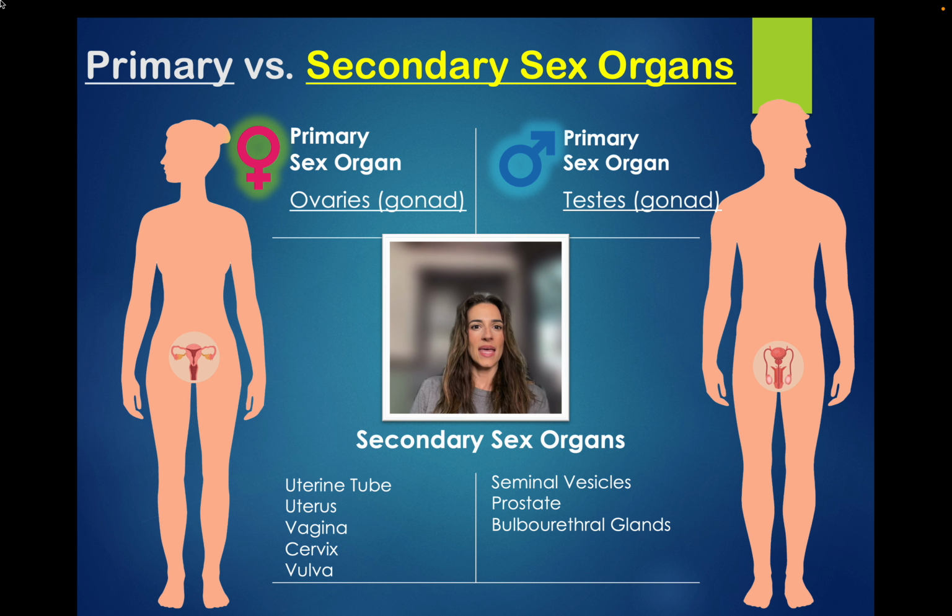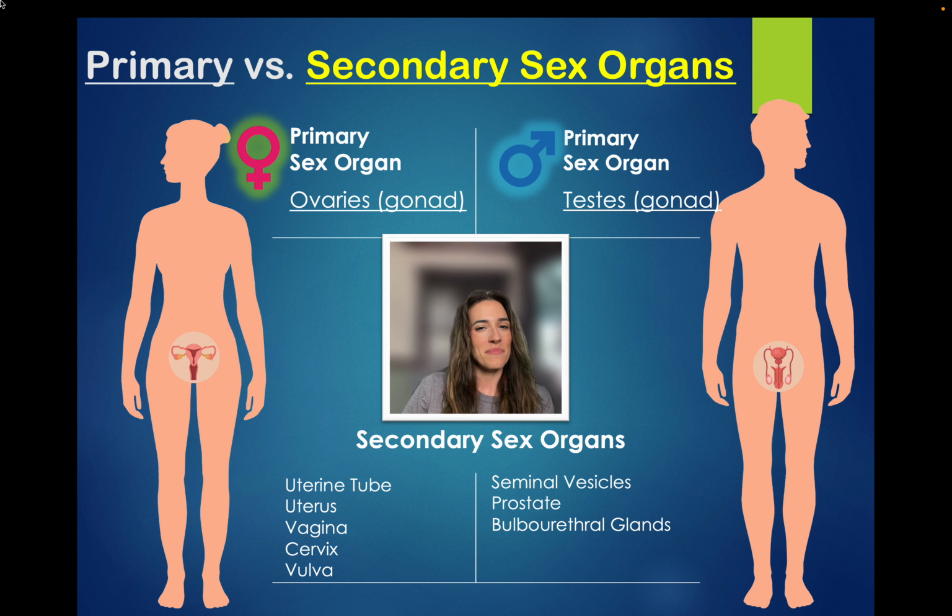Now that we've covered meiosis, mitosis, and how gametes are made, let's shift our focus to where these gametes come from and how the reproductive system supports it all. We'll start by looking at the difference between the primary and secondary sex organs. Primary sex organs are the gonads, that's the testes in males and the ovaries in females.